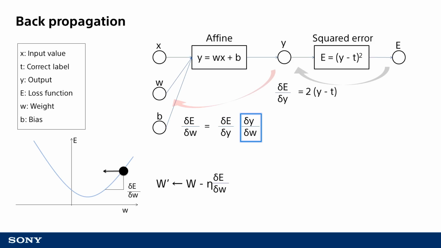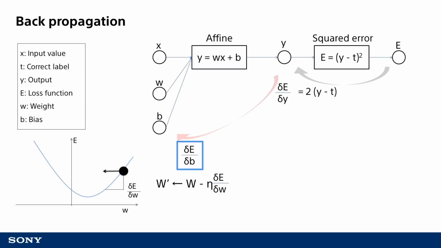The result of differentiating this formula with respect to w will be necessary. We already got the gradient of y, and we need a derivative of this equation with w, which is x. Therefore, the gradient of w for this parameter can be found by multiplying the value of x in the input data. We obtain the gradient of b in the same manner.